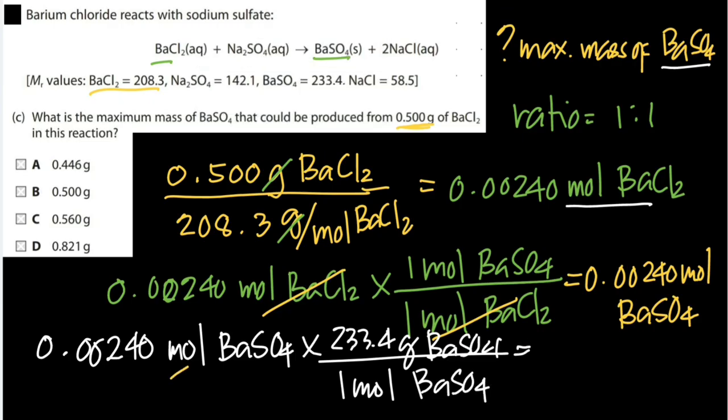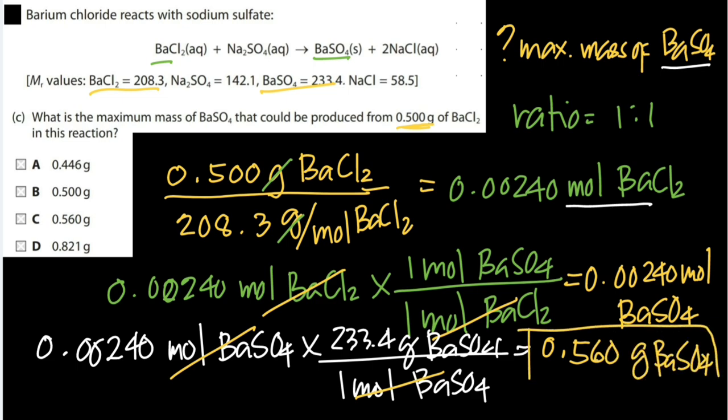Right. So the mole unit here cancels out and we're left with grams barium sulfate. And this would give us 0.560 gram barium sulfate. So this is our final answer. So the answer here is letter C.